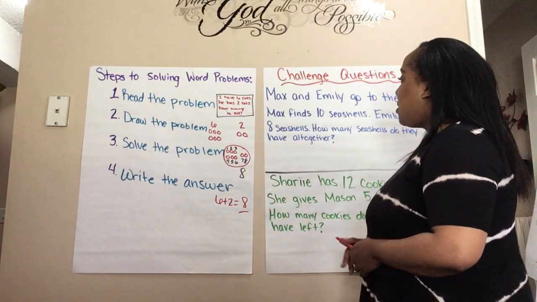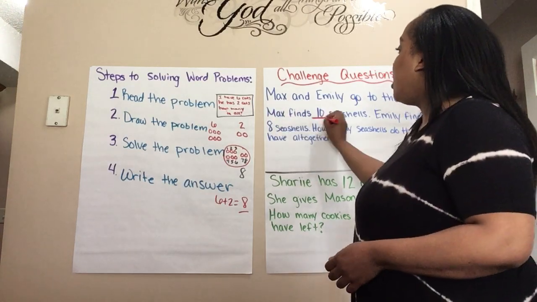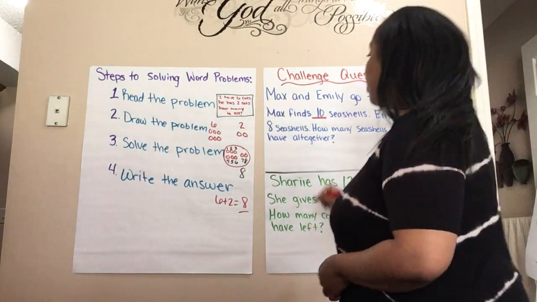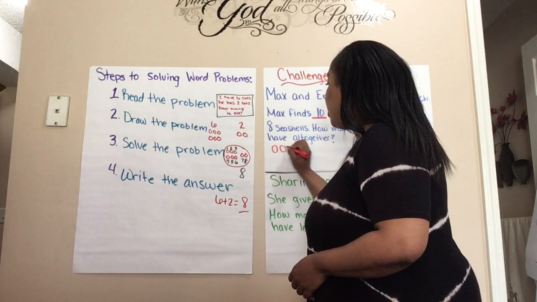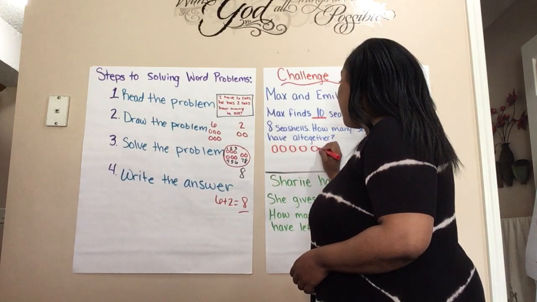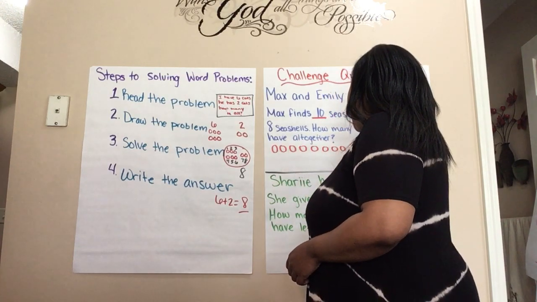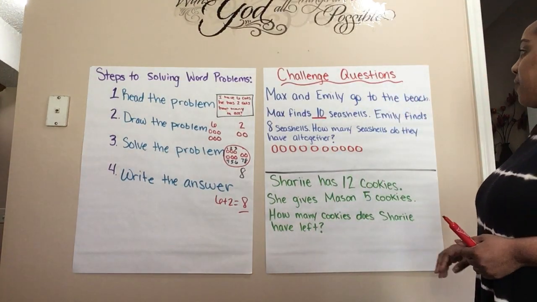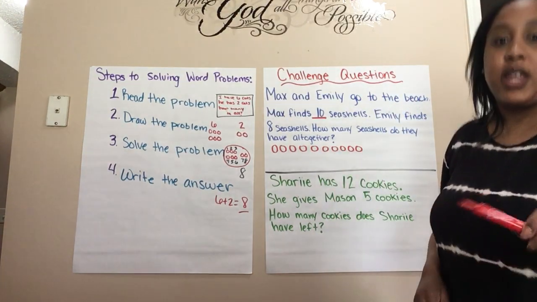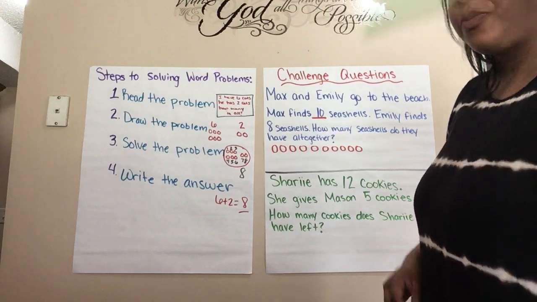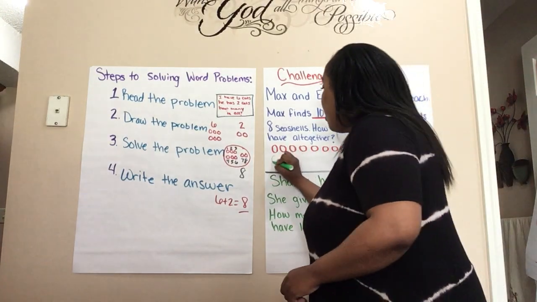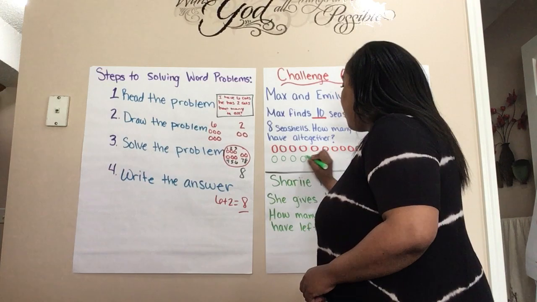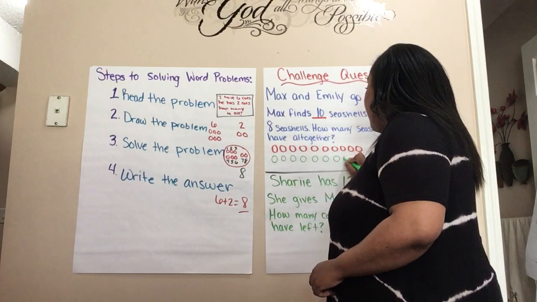Max and Emily, they went to the beach. Max found 10 seashells, so I'm gonna draw out 10, 2, 3, 4, 5, 6, 7, 8, 9, 10. Okay? And Emily found 8 seashells. I'm going to get Emily another color. 1, 2, 3, 4, 5, 6, 7, 8.